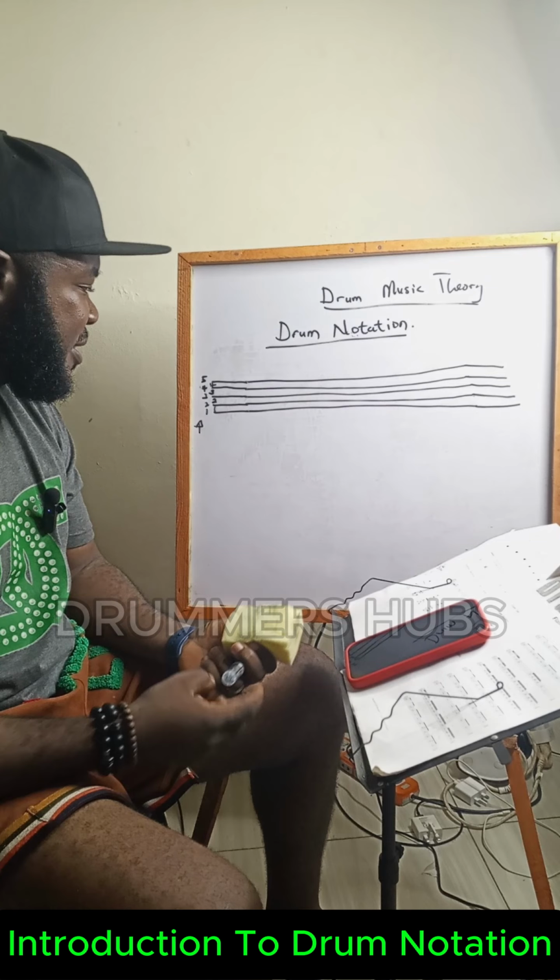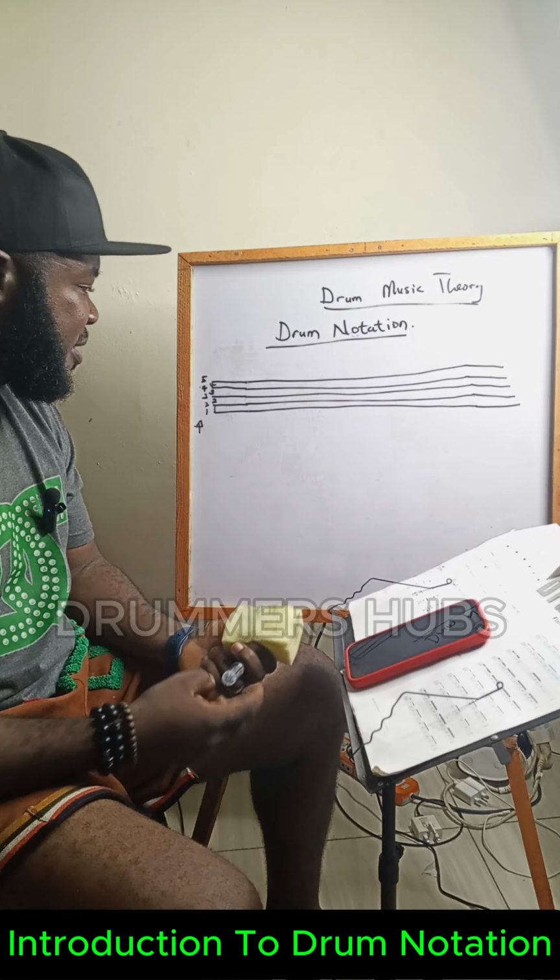So first of all, let's talk about the staff. Now we have what is called the music staff. There's no way you can understand what a drum notation is if you don't understand what a music staff is. A music staff is made up of 5 lines and 4 spaces.